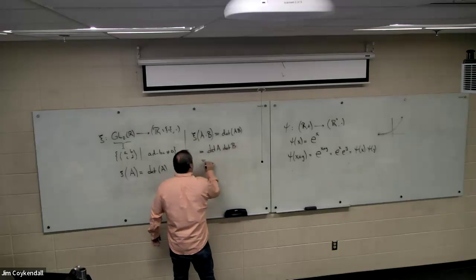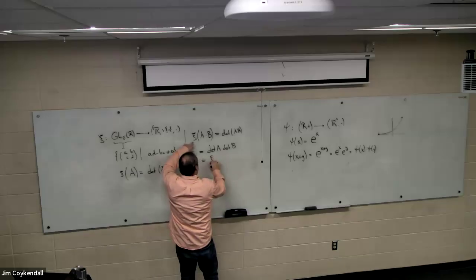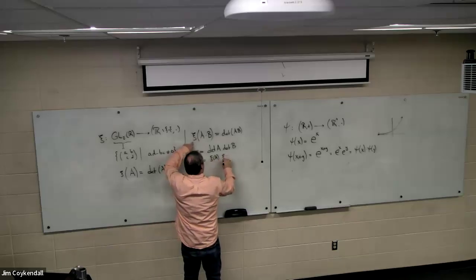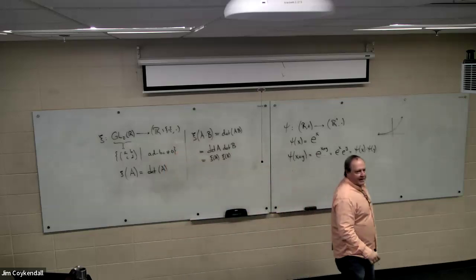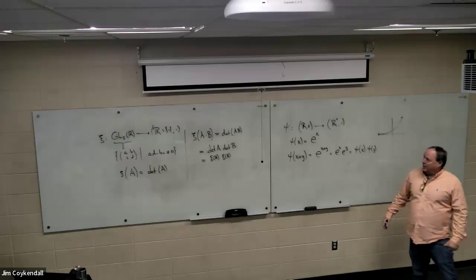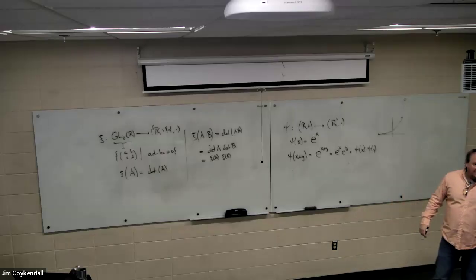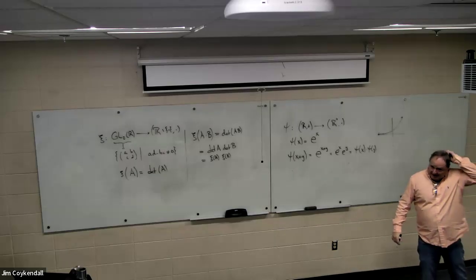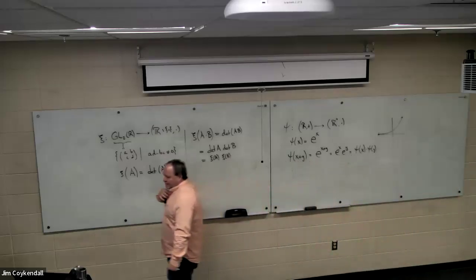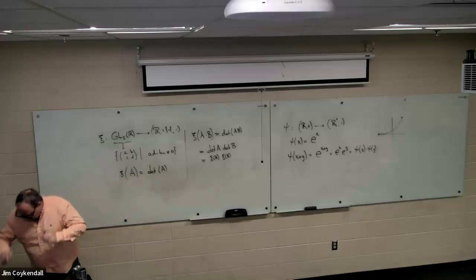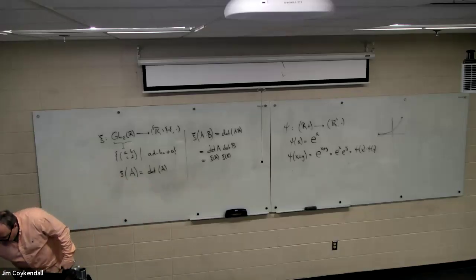And this is tornado of A times tornado of B. So this is a homomorphism. It goes, as I said, to the non-zero reals under multiplication, and there's the homomorphism. Everybody okay with that?